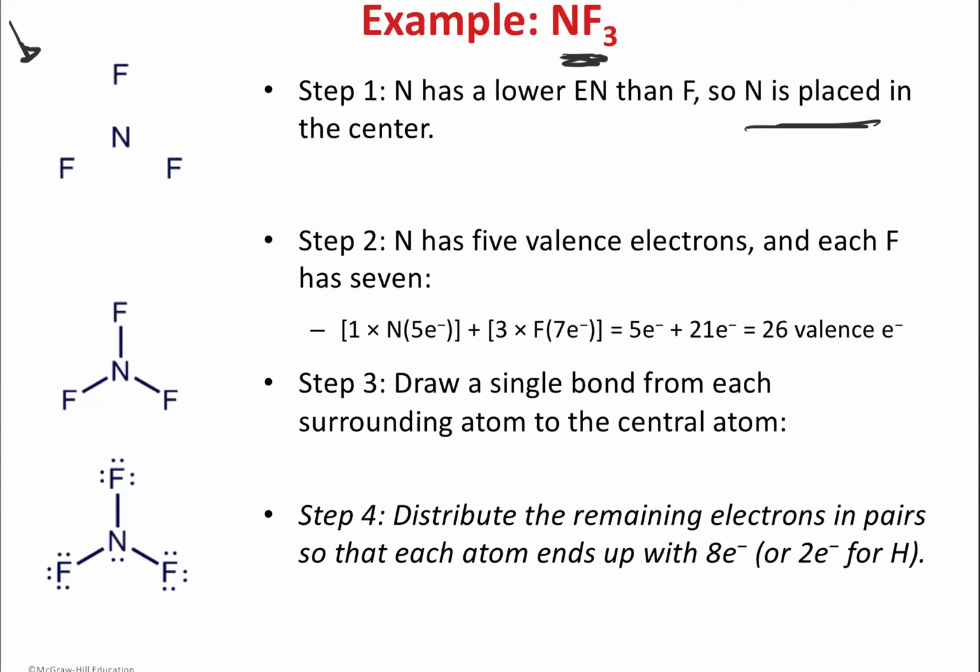Now we start figuring out the bonding pattern in this molecule. To figure out the bonding pattern, the next step is counting all of the valence electrons, and only the valence electrons, which are available to us. So let's look at nitrogen first. Nitrogen is atomic number 7, Z equals 7.